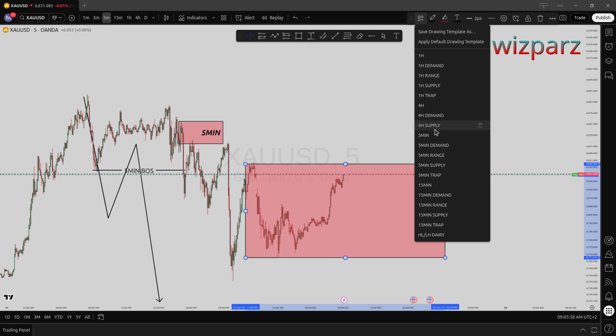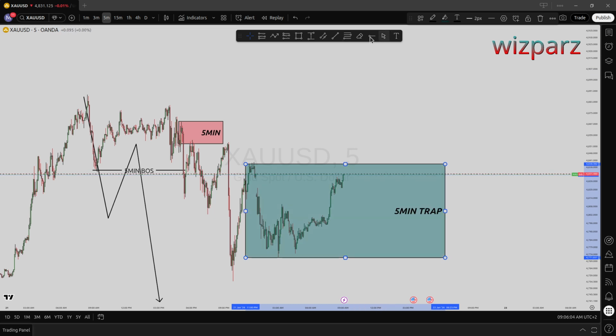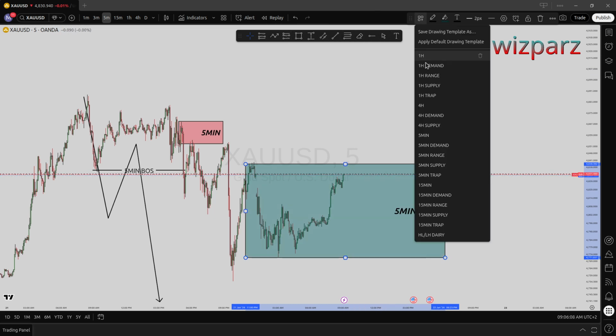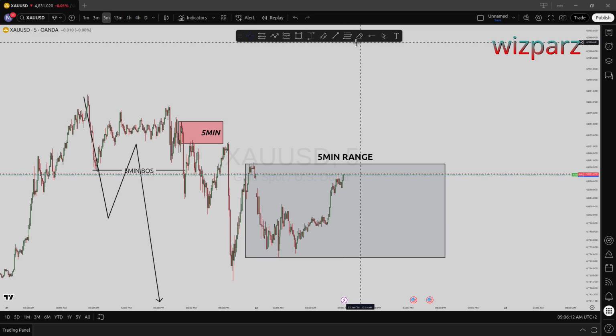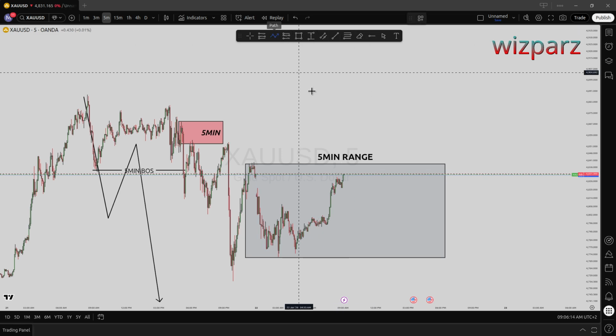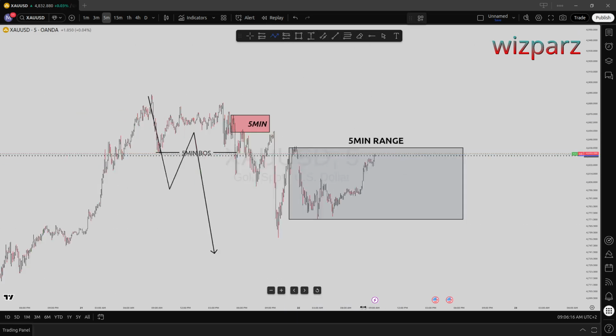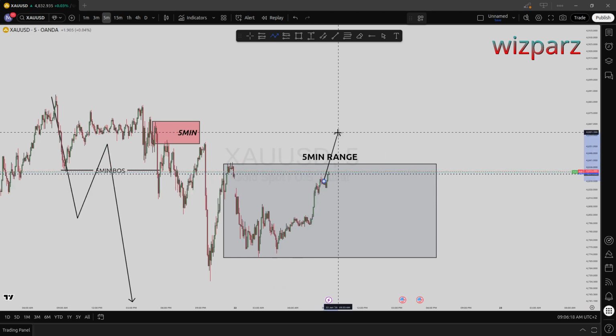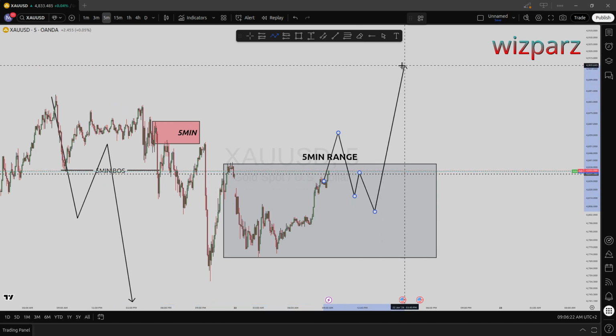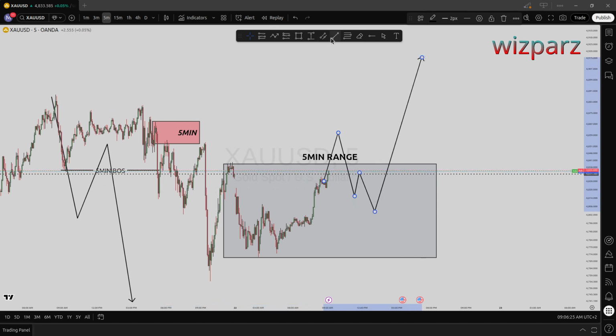If price breaks up here, I'm going to look for a long entry targeting all of this resting liquidity here.